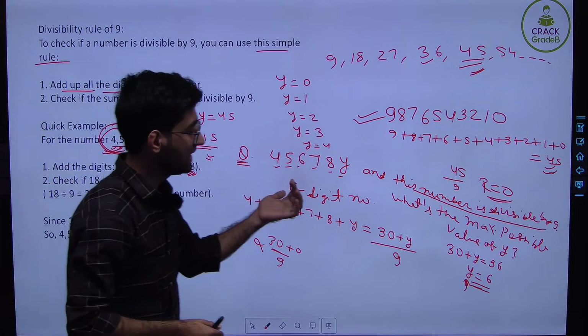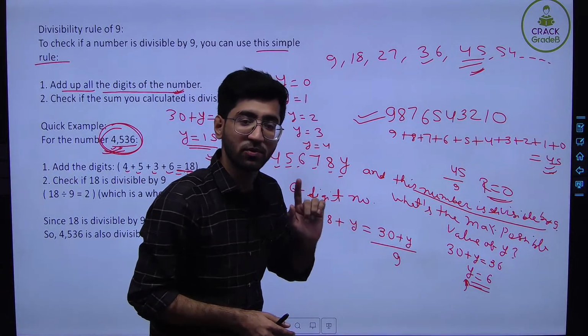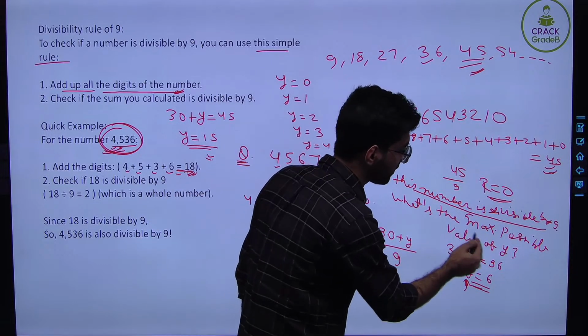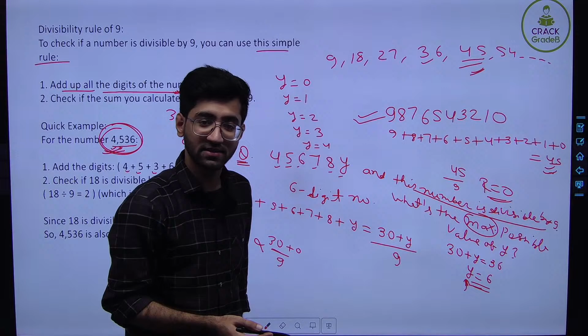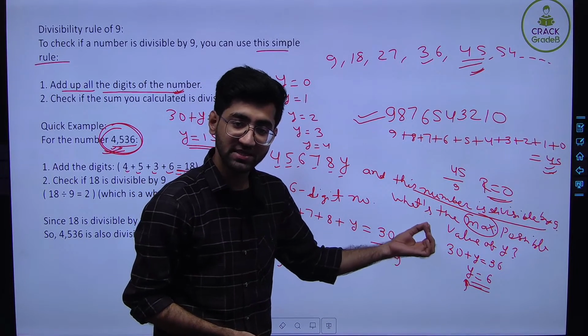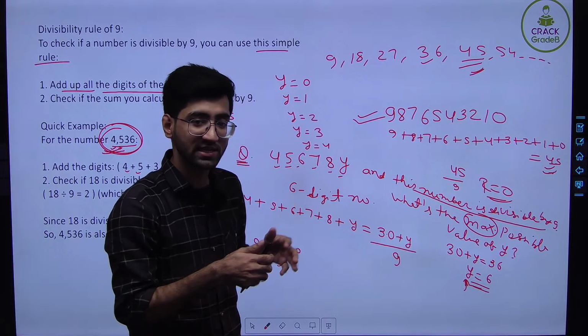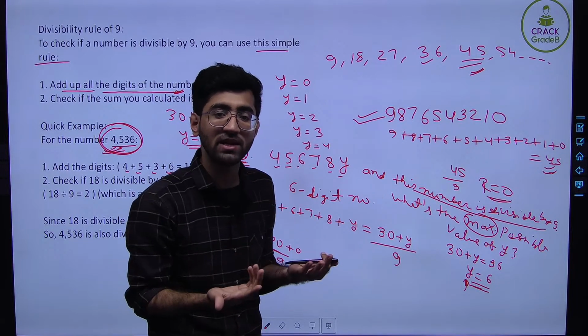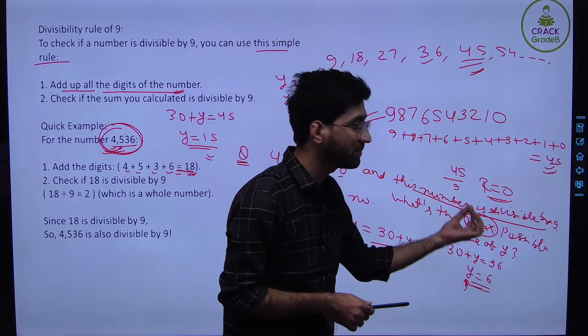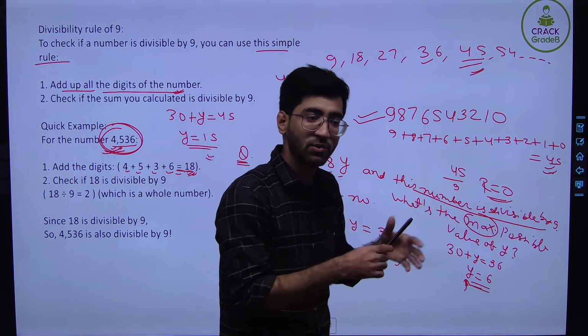Luckily in this case, there is only one possible value of y. This word maximum is only here to confuse you, right? So what is the maximum possible value of y? Simple, 6. Sometimes there are 2 to 3 possible values of y. In that case, if you have been asked for the maximum possible value, you will have to pick the maximum.